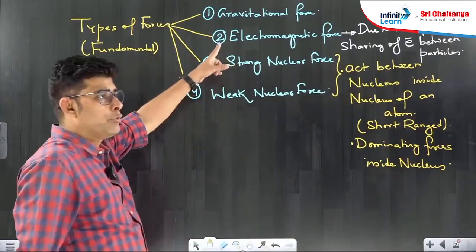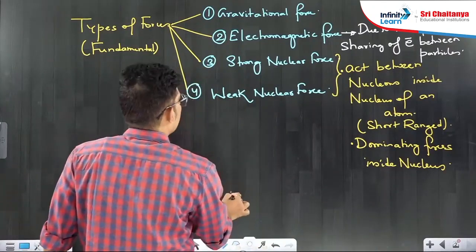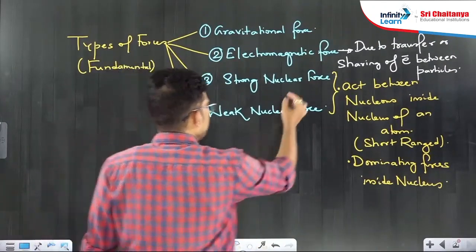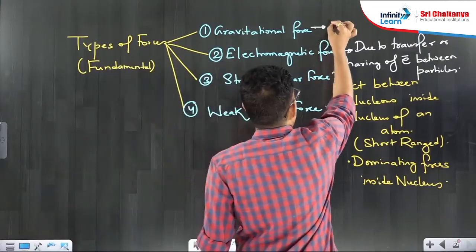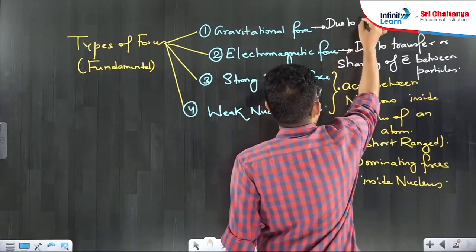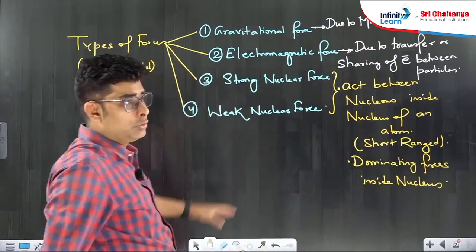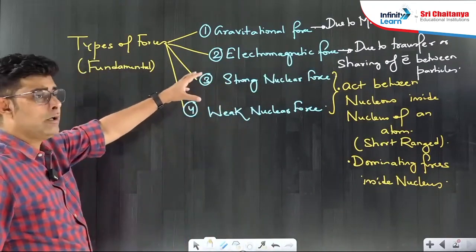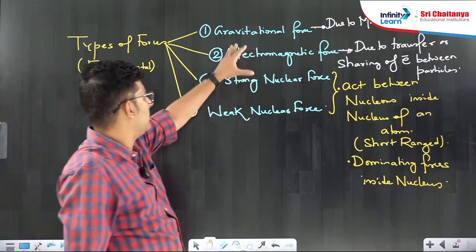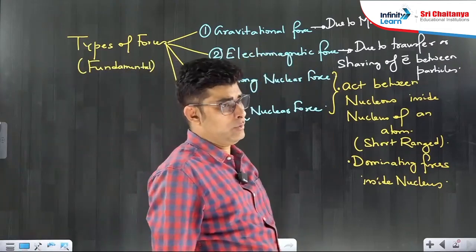And one more force that I have written over here is the gravitational force. This is due to mass. Due to a property of any particle which is called mass, the force exerted is known as gravitational force.